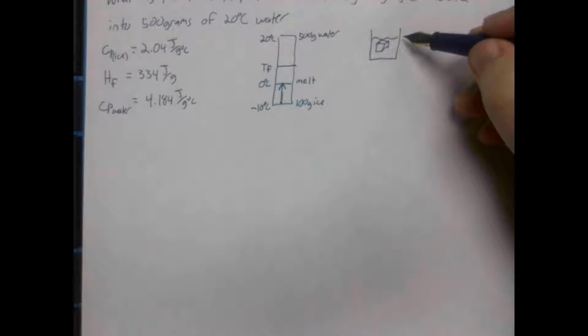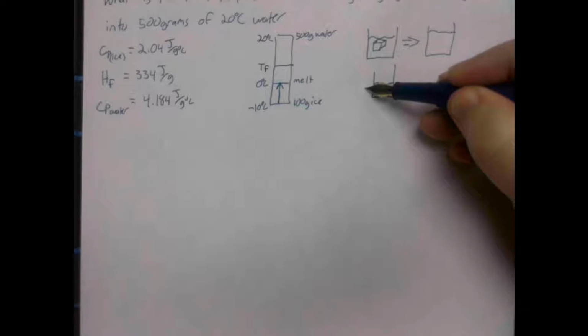We have a glass of water, and we're placing an ice cube next to it. And we'll put this in a container by itself too, so that the heat going from here is going to flow into this.